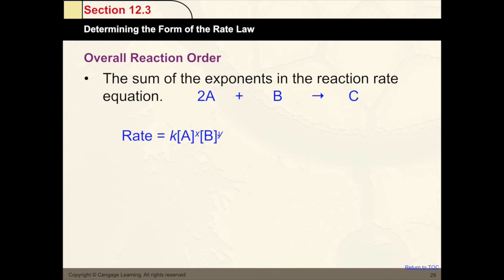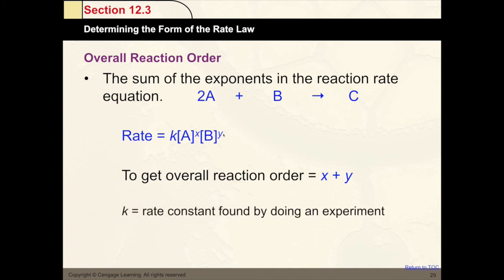You have to find those X and Y by experimenting. And then you'll also find K by experimenting and taking the data and manipulating it and mathematically determining those. But once you do find the X, the Y and the K, you will add together those little exponents, the X and the Y, and that will tell you the order of the reaction. And K, you can also determine, like I said, from the experiments.